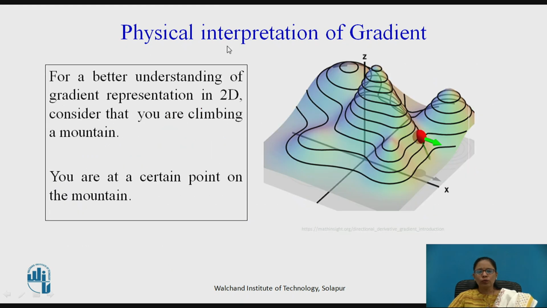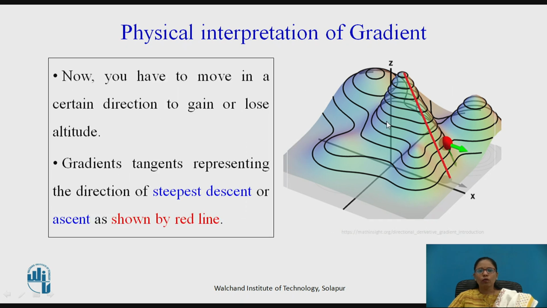Now if I want to explain the gradient with the help of a diagram, I can explain like this diagram, where I assume myself that I am at this dot and I want to move uphill or I want to move downhill. So I am at this present moment at this point. Now I want to move in a certain direction, like to gain the altitude, like upward, or I want to lose the altitude, then I need to move down.